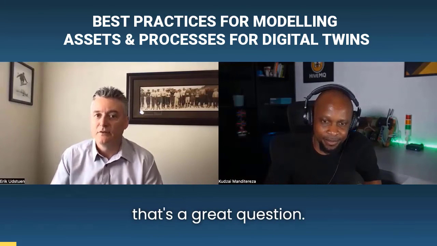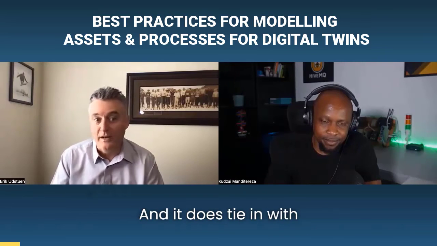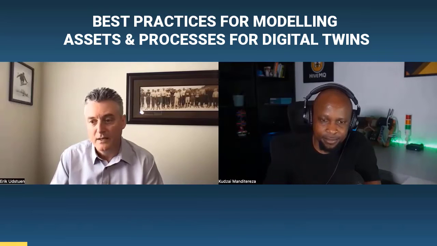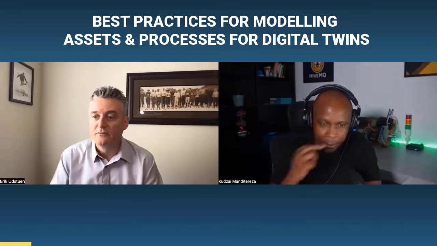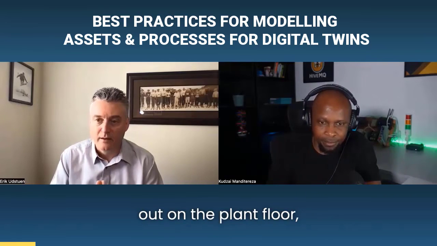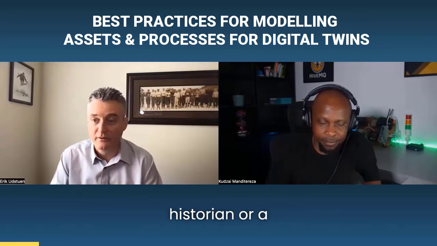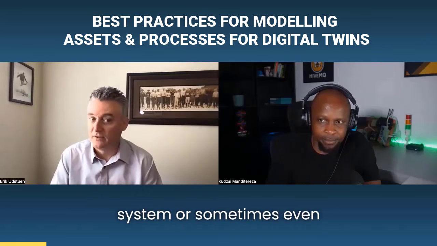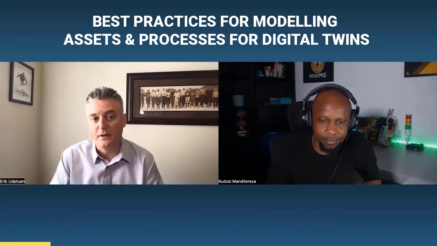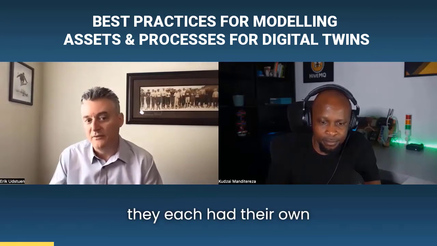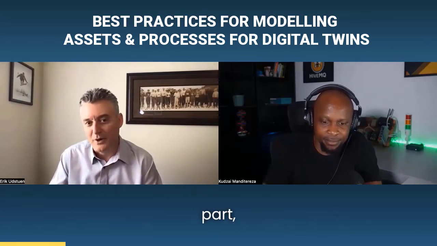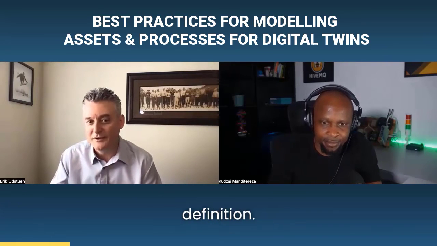Yeah, that's a great question, and it does tie in with the previous point in the sense that different systems that you find out on the plant floor, whether it be a historian or a manufacturing execution system, or sometimes even a quality system, historically, they each had their own small part of the digital twin definition.